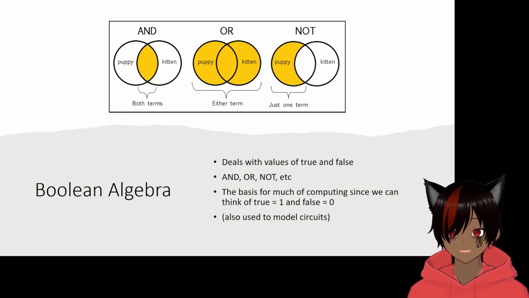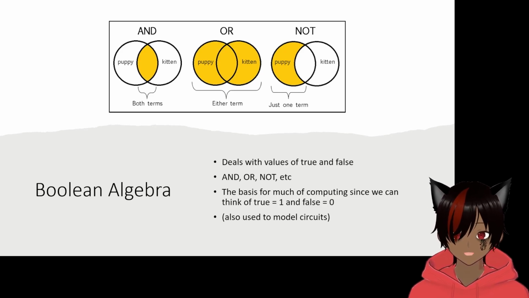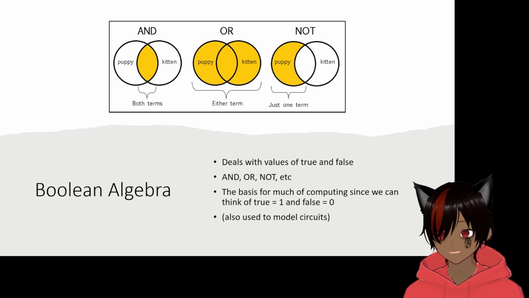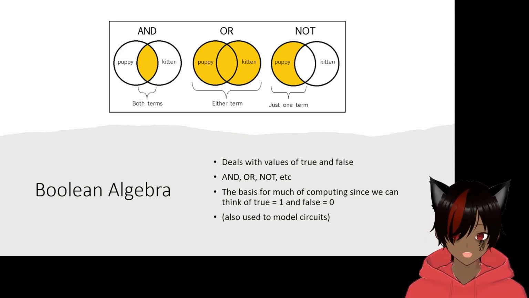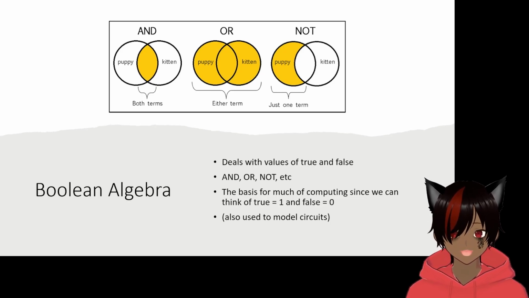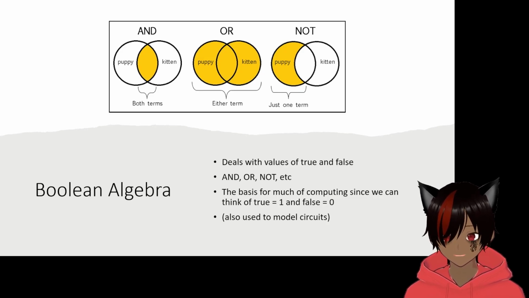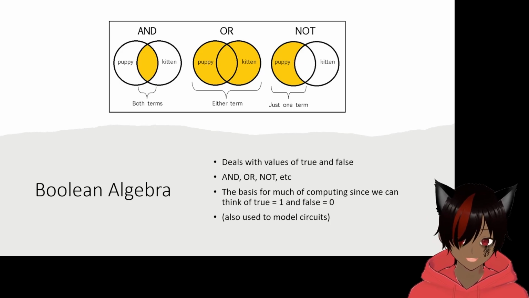I guess very complex equations, but simple in their rules. What's very interesting is that these AND, OR, NOT gates, these logical operations, are also what can be used to model digital circuitry. And this is something that I believe Claude Shannon really popularized. I don't know if he came up with it at first, but it's a very interesting idea.